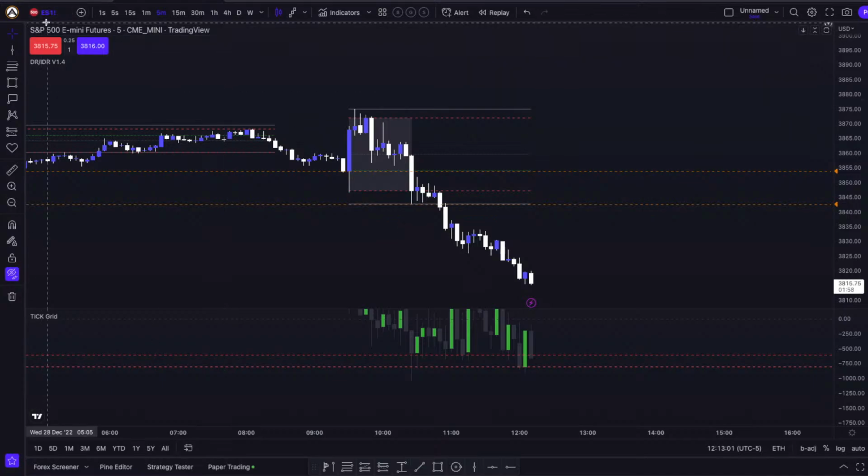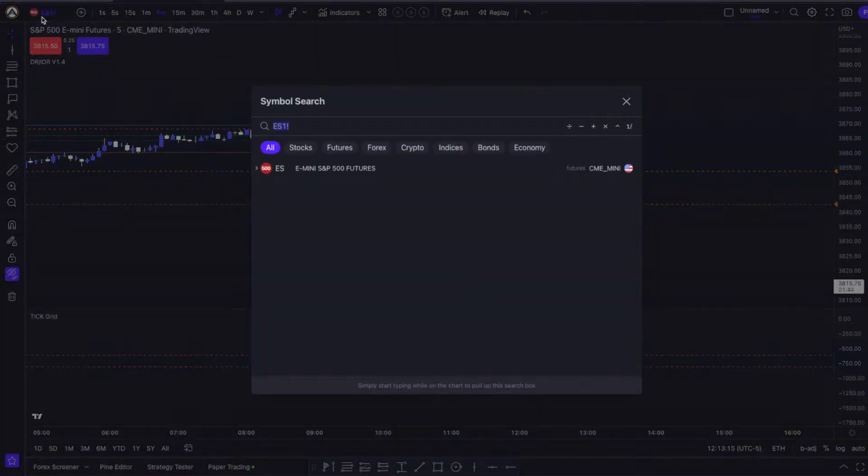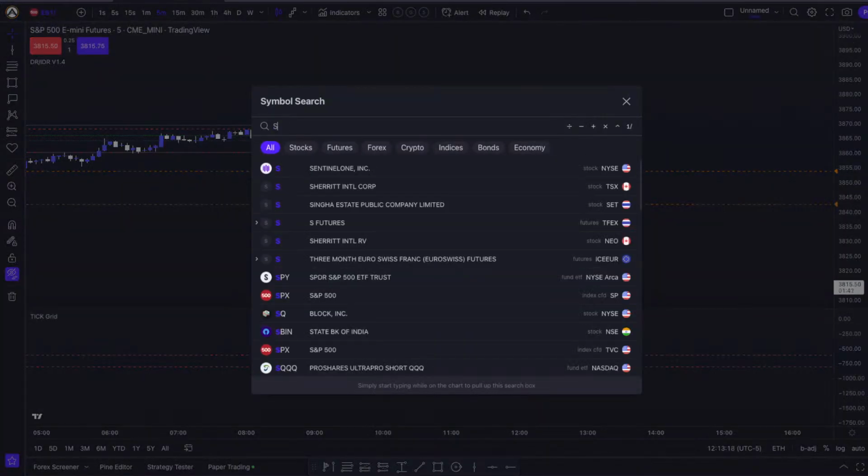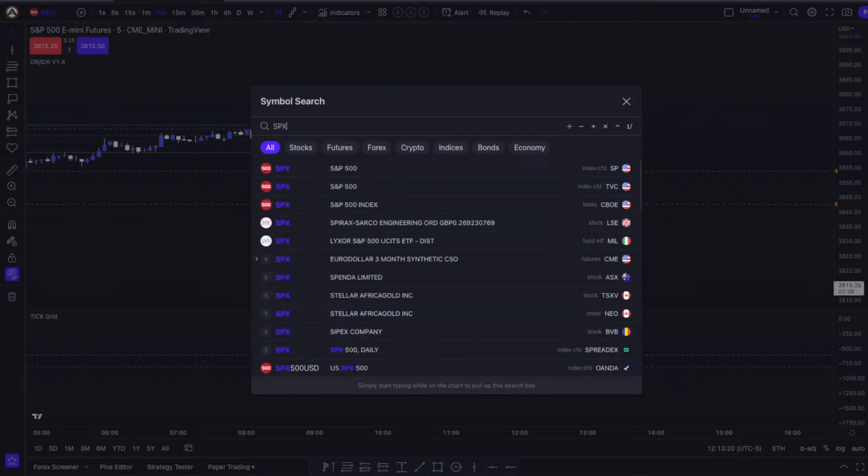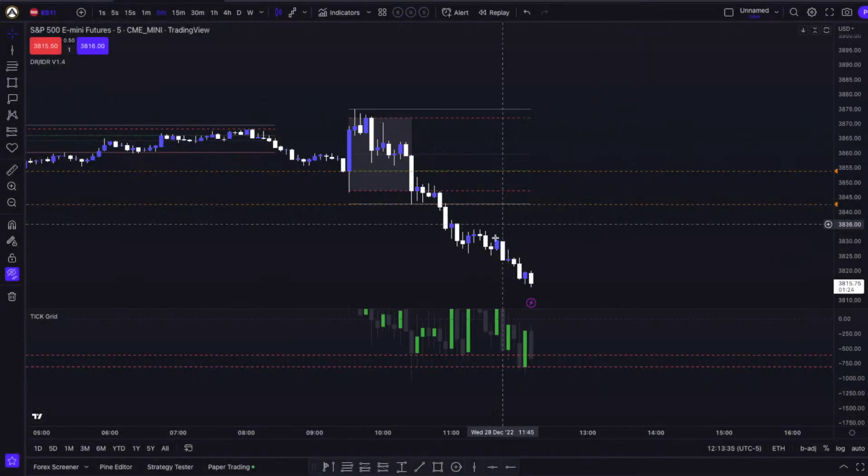I just decided to stick with the ES, the CME mini futures contract of the S&P, Nasdaq, and the Dow Jones, because that's how I learned it from ICT. And those are the available packages if I choose to pay for the real-time market data for the CME futures contract. Of course, if you go for the CBOE, the Chicago Board Options Exchange, maybe that's a little bit better. I hope that answered your question, at least to an extent.